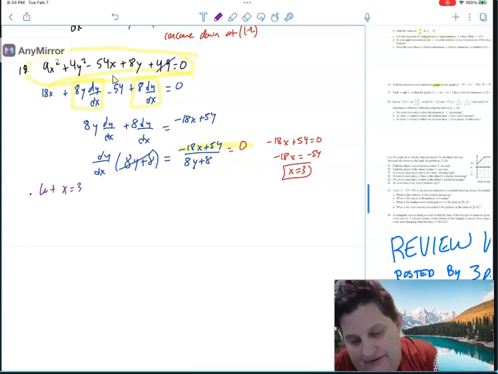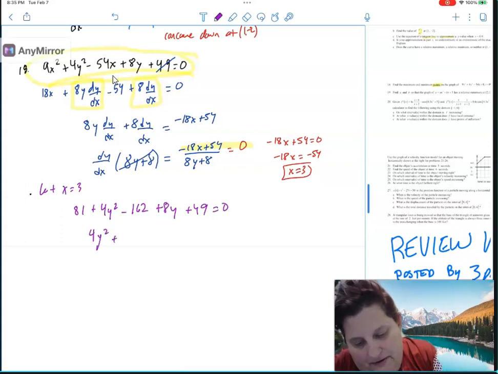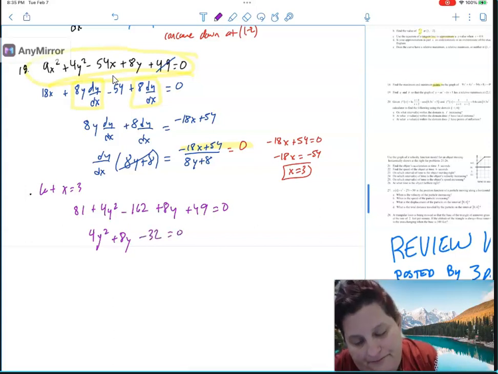Okay, so I'm going to say this. Let x equal 3. 9 times 3 squared, that's 81. Plus 4y squared. And then minus 54 times 3 is 162. Plus 8y plus 49 is 0. So I have 4y squared plus 8y. And then 81 minus 162 plus 49 is negative 32.